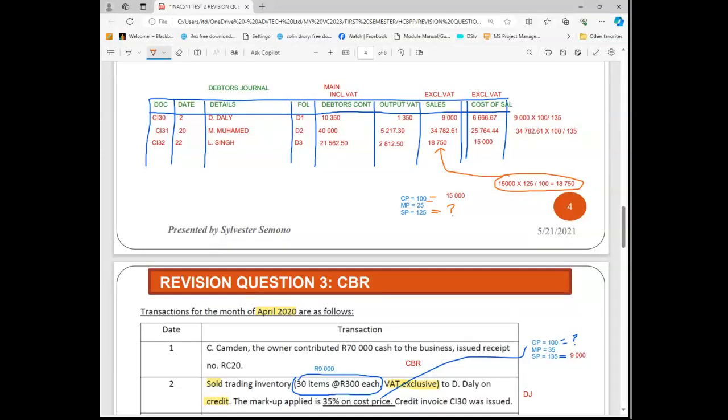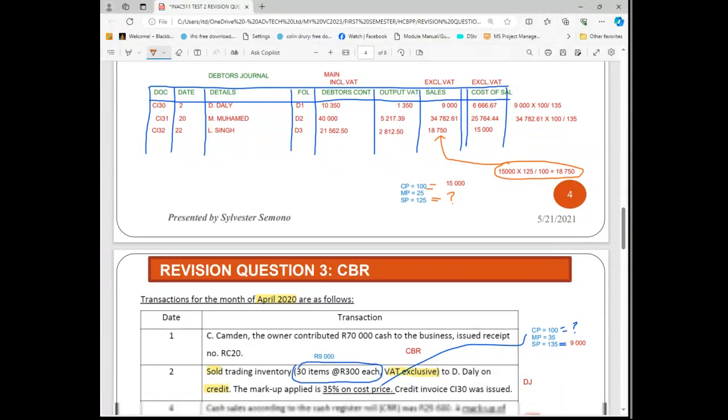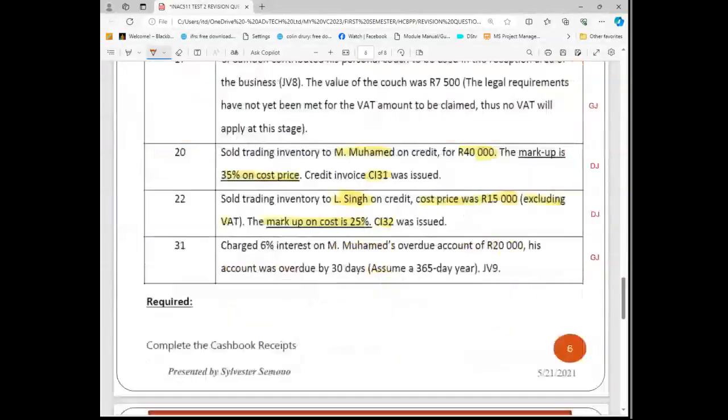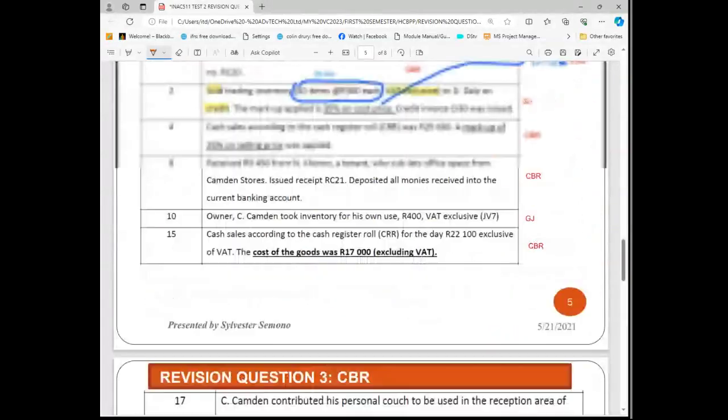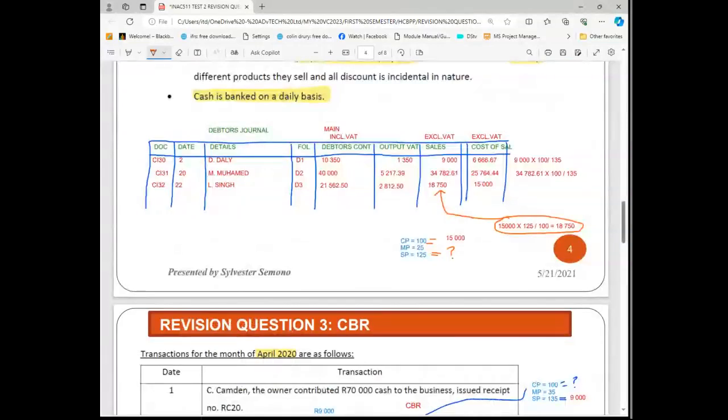And remember, usually they will say add everything. They ask you to total, but I believe you know how to total, okay?